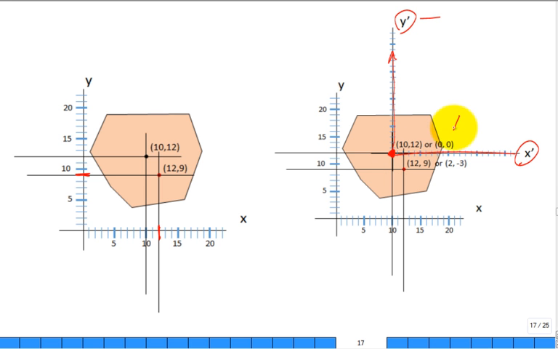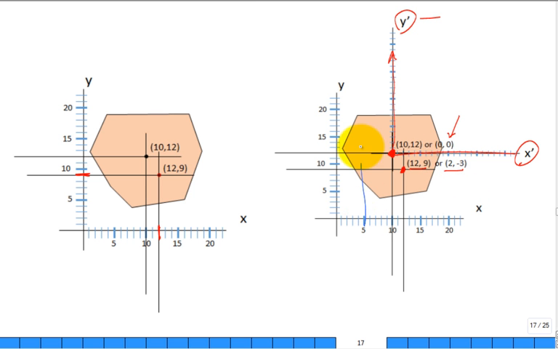It's almost too boring. The point 10, 12 in the original coordinate system is now at the point 0, 0. The centroid's at the location 0, 0 of my new coordinate system, my centroidal coordinate system. But how about this, a little bit of math that says, oh, you used to be at 12, 9. You are now at 2, negative 3. True?